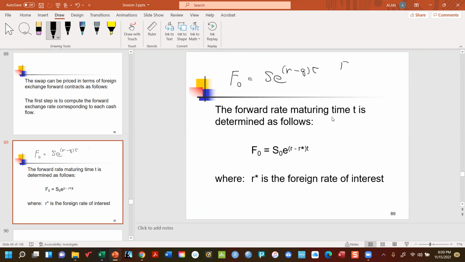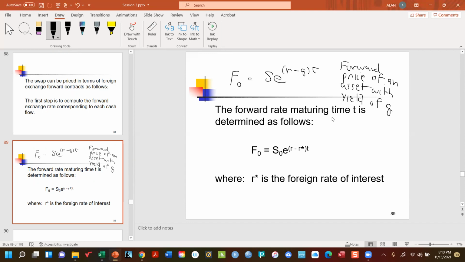So that's the forward price of an asset with a yield or income flow to the owner of Q. Okay, Q is some rate of return.